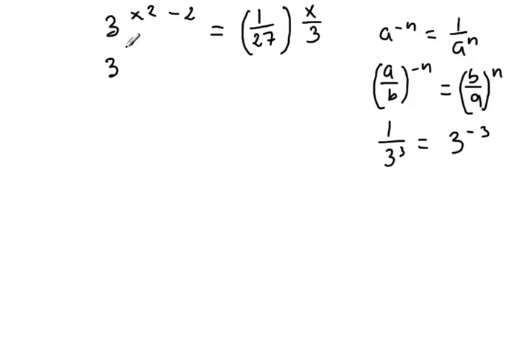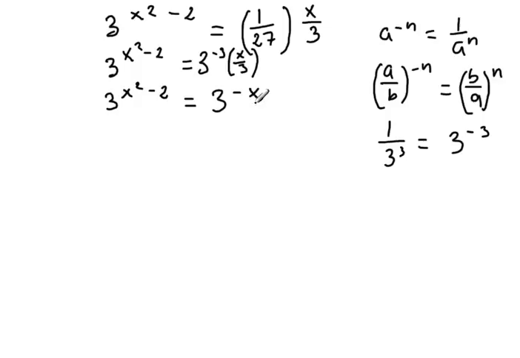So x squared minus 2 will be equal to positive 3 to negative 3 times x over 3, which is the exponent. So the left side will simply be x squared minus 2 as far as the exponent. The right hand side now, we have base 3. When you multiply a fraction by that negative 3, you will end up with negative x.